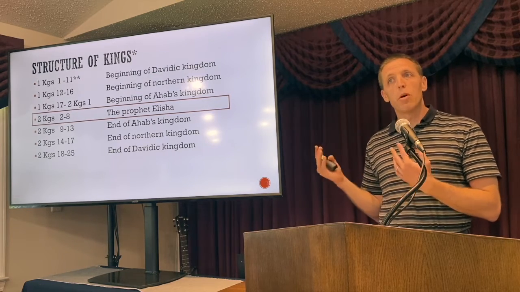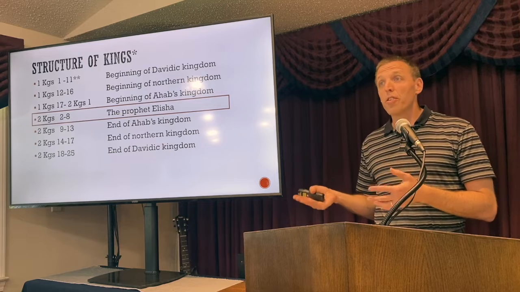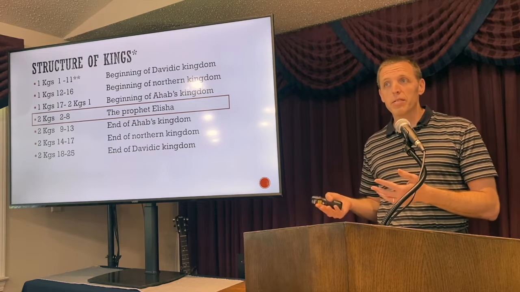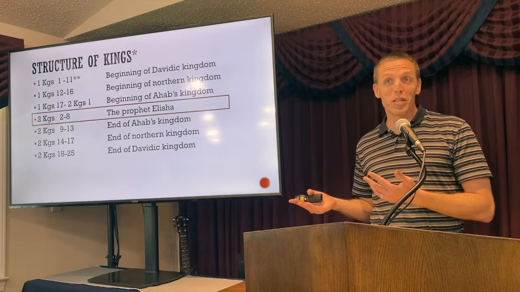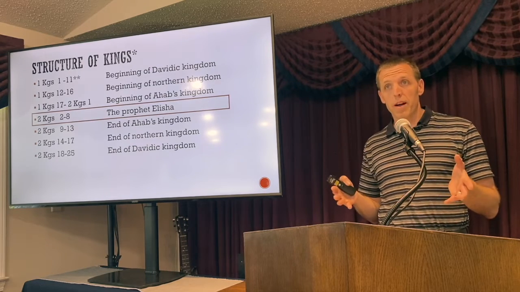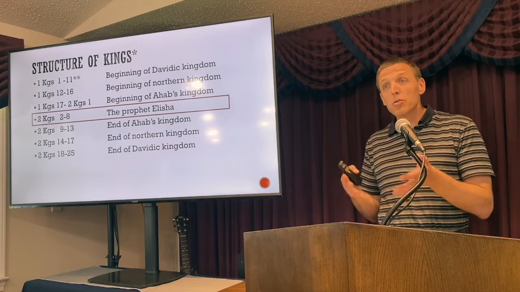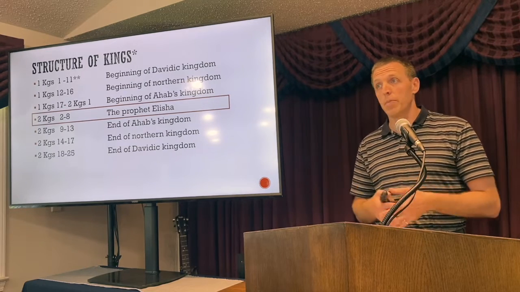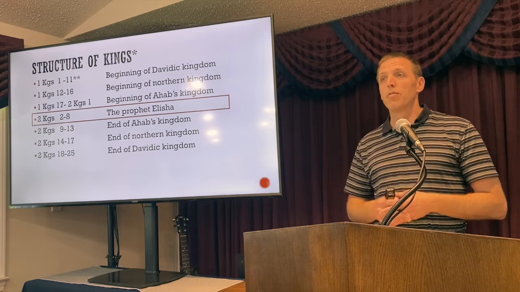So again, that's what we can learn that the author's trying to convey. For some reason, which we don't know yet, that's actually the question we're answering. Not only does Elisha have a lot of ink, 25% if you throw in Elijah as well, but the spotlight's on him in this book of Kings for whatever reason.